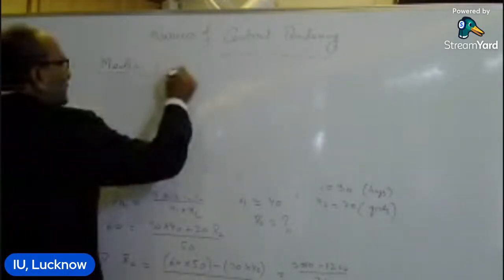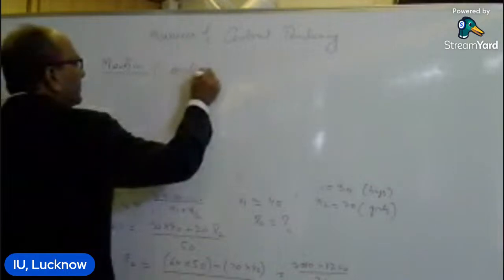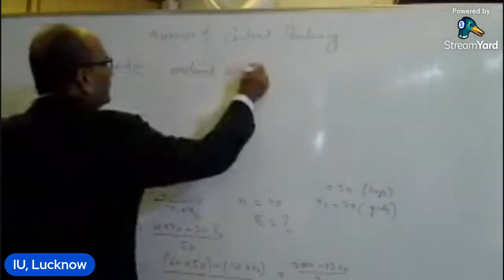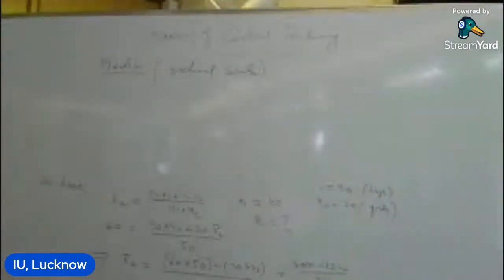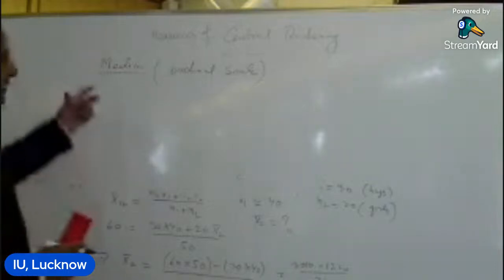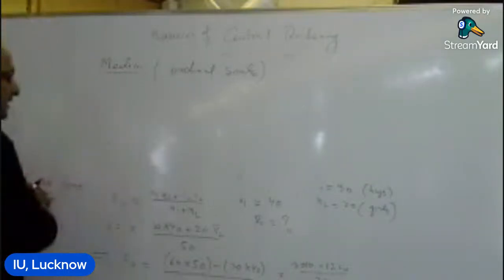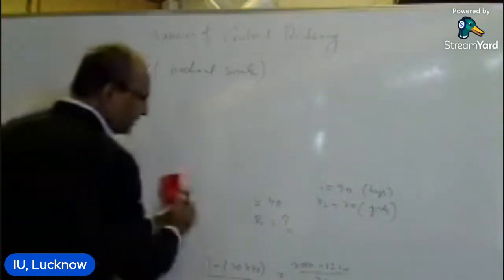So just remember, if the data are measured on ordinal scale, means ranking, then you can use the median to find the average or central tendency, the center values of those observations.